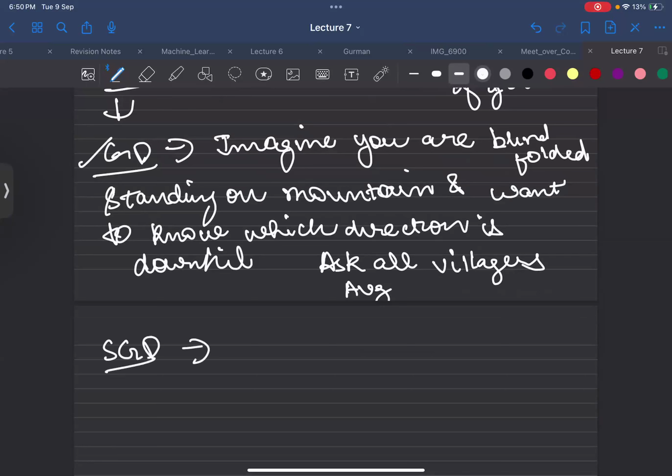Here, what I'm saying is, I'm blindfolded. I don't know where is downhill. I'm asking all the villagers where is downhill, and then averaging their opinions. Okay, he said this, he said this, he said this. So let's take SGD. I'm asking one villager at a time.